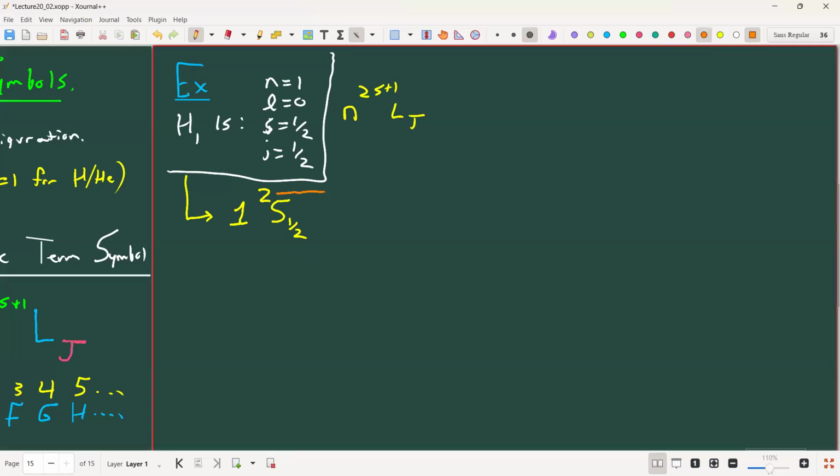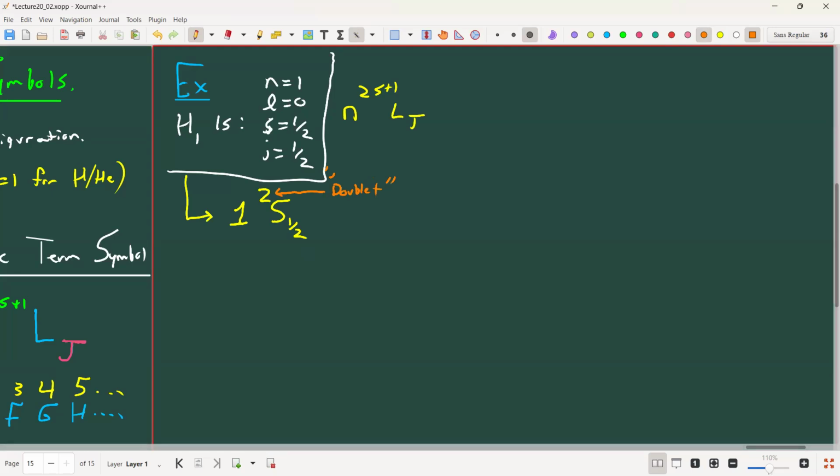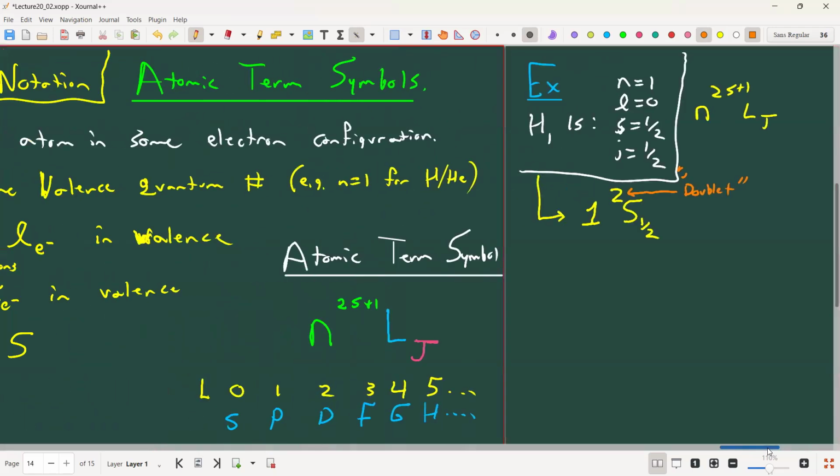This 2 right here we call a doublet, just for traditional sake. This is obviously not a doublet, it's a single line, but I'll show you an example where the doublet notation makes sense. All right, so we call this the 2S 1/2 state.